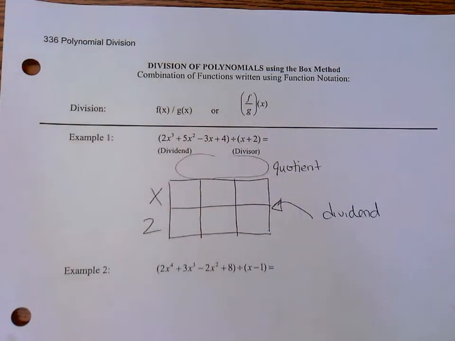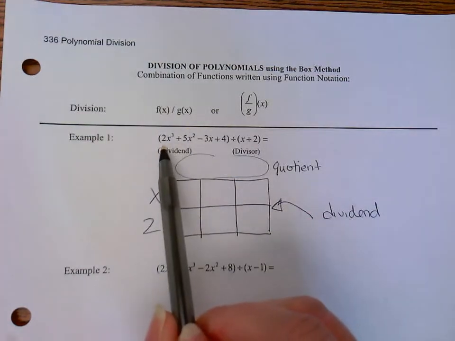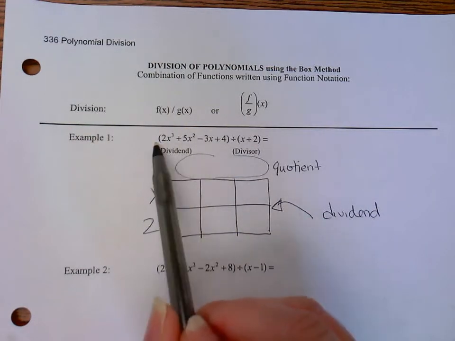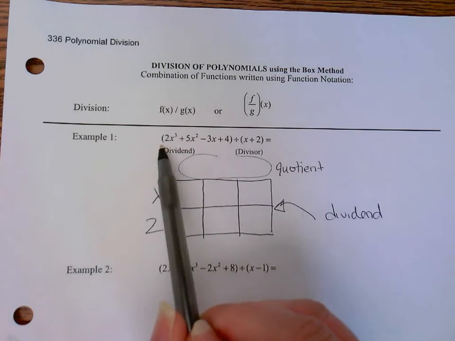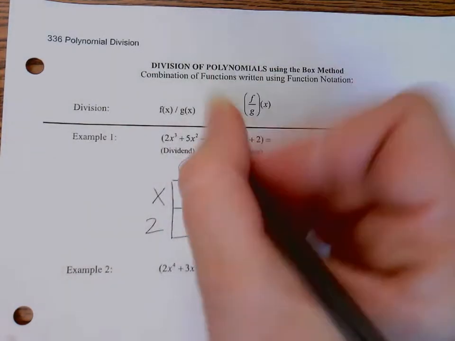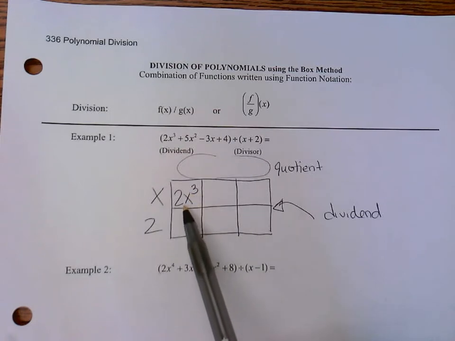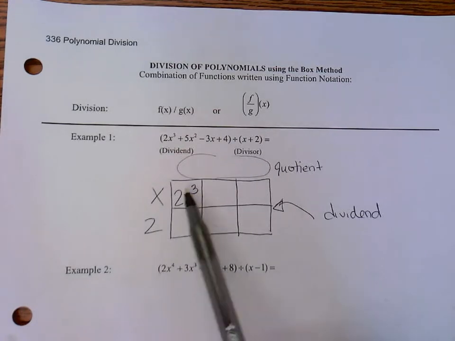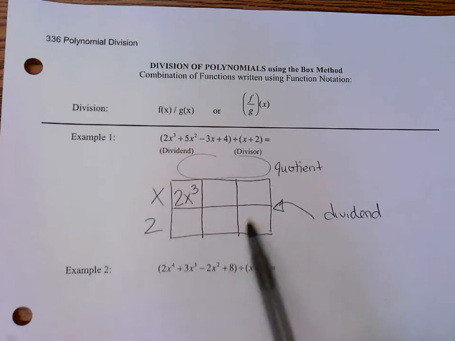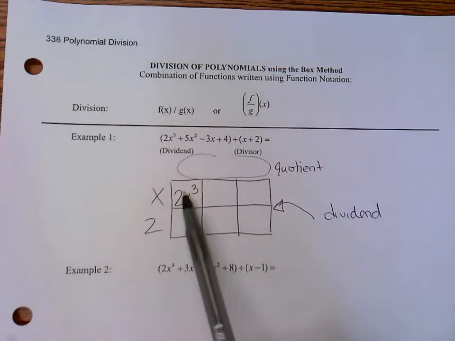So your first step is to put your dividend in standard form. It is. So 2x cubed is the first term that you're going to write in the top left of your box. Your dividend has to all end up inside these boxes. So 2x cubed goes first.